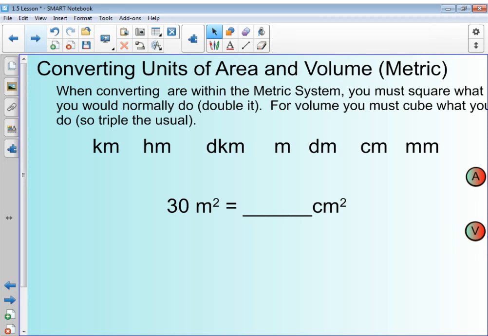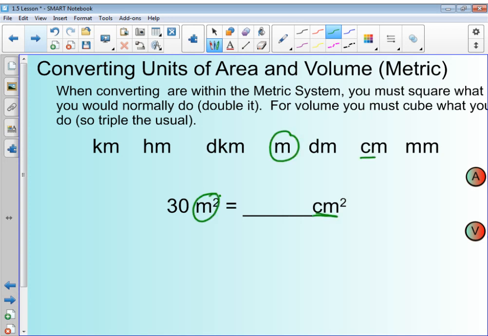So if I look at this first one, before when we would convert meters to centimeters, we would count how many places we'd have to move our decimal and in what direction. So meters, we would go 2 places to the right. Because we are working with this squared or this 2, whatever we would do, we do that twice.